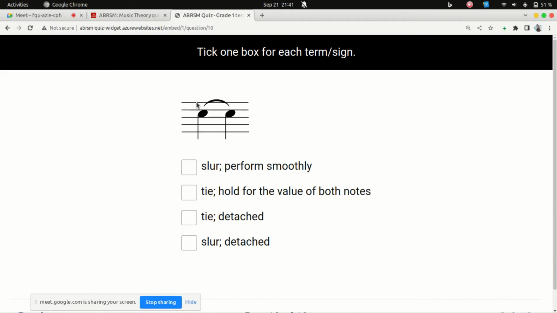This curved line. That's a tie. Okay, we have two ties. We have tie, hold for the value of both notes, and tie, detached. Which one is the right one? The tie, hold for the value.